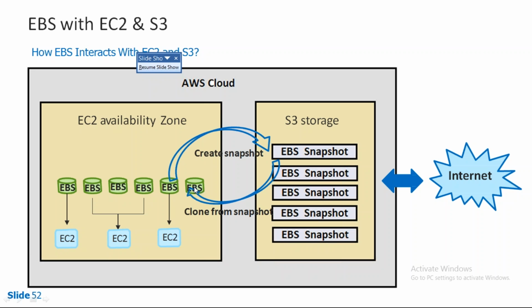So why do we need to create a different volume from the snapshot available? It is just to create a high availability environment. For example, you have a website created and that website's data is there in the volume. You wanted to access this data, okay?